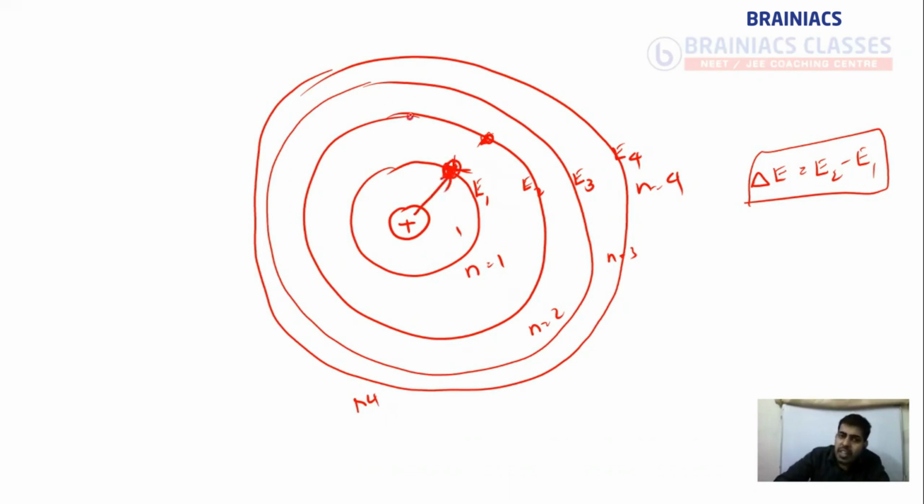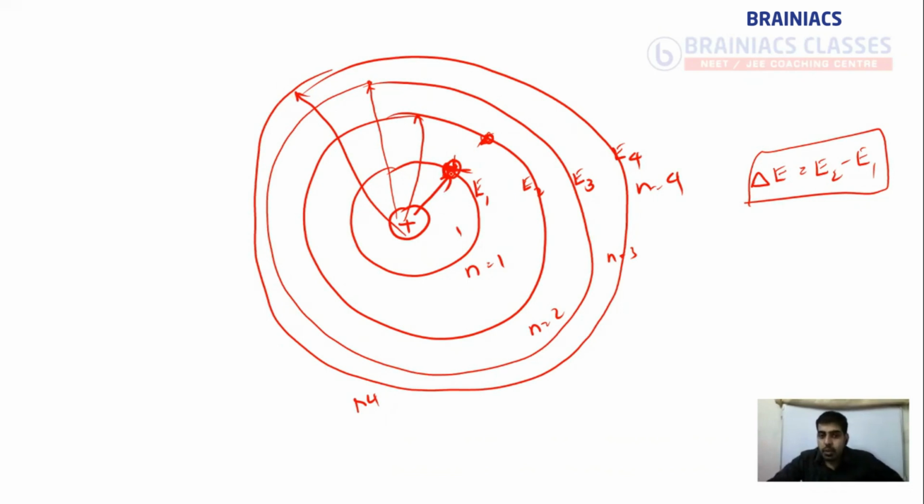Now, when an electron is present in n is equal to 2, now it is little bit away from the nucleus, so attraction decreases. Now, when an electron is present in n is equal to 3, it is little bit farther from the nucleus, so attraction decreases. Now, if an electron is present in n is equal to 4, again that electron is placed away from the nucleus, so attraction decreases.